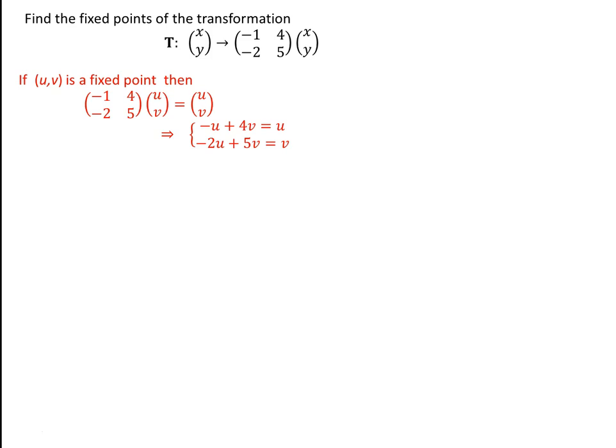Now, doing the multiplication, (-1, 4) times (u, v) gives me -u + 4v. So I've got -u + 4v has got to equal u. And the second part of the multiplication is -2u + 5v must equal v.